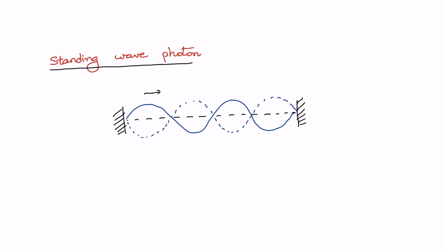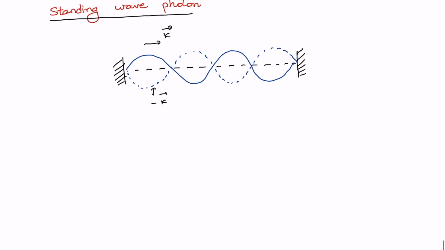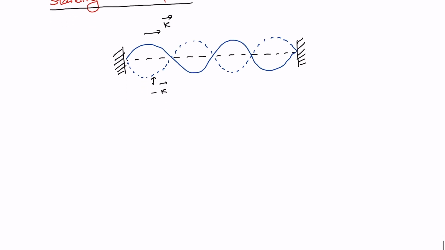For example, this blue one, the solid line, has a wave vector say plus k, and this one has wave vector minus k. So because of that, if you find the average momentum of a photon in the standing wave, it is going to be 0. This is very important, and it distinguishes the photon from that of the propagating wave.